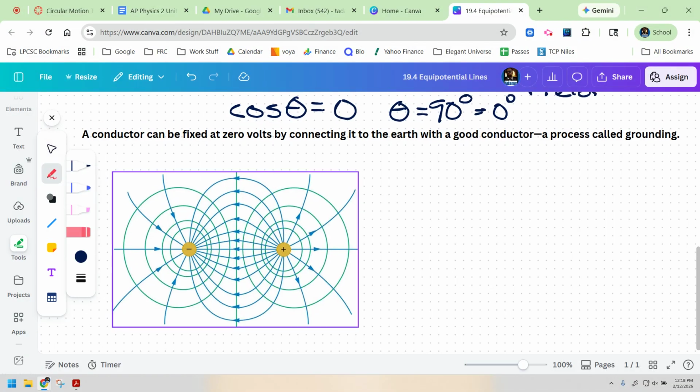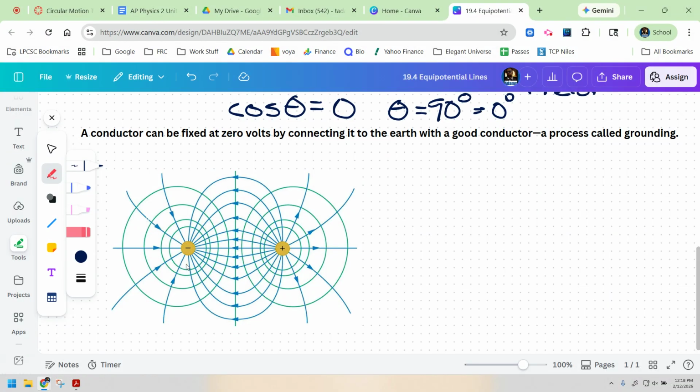In this area here, this is like the least potential. And then this would be the greatest potential.